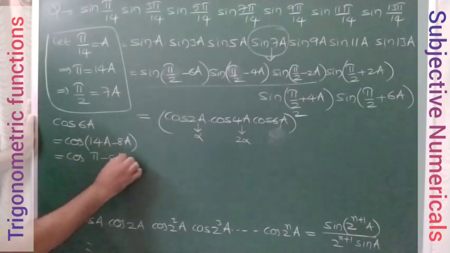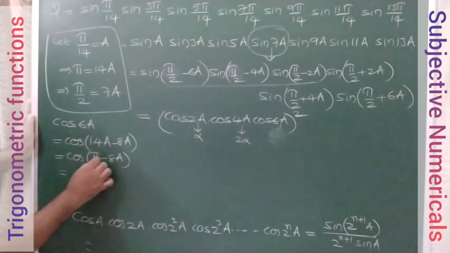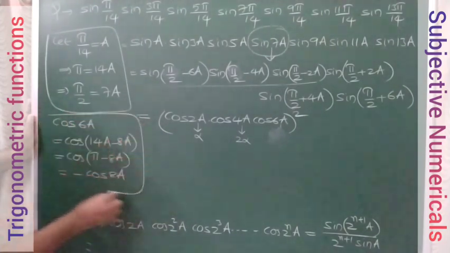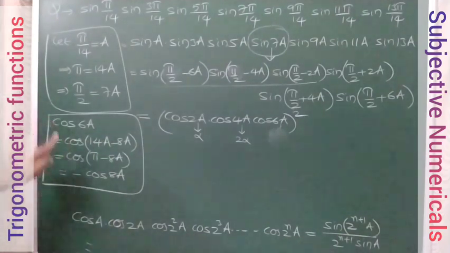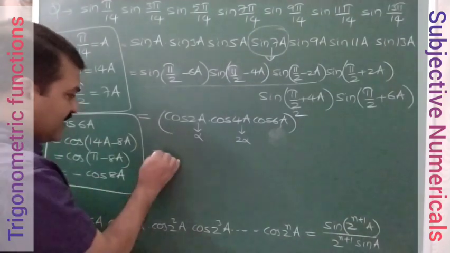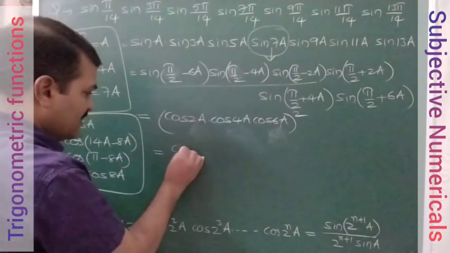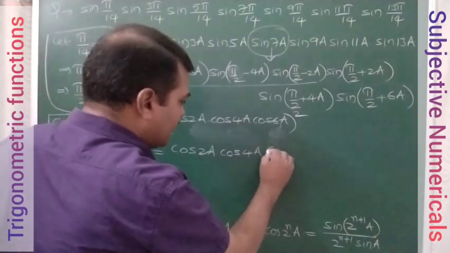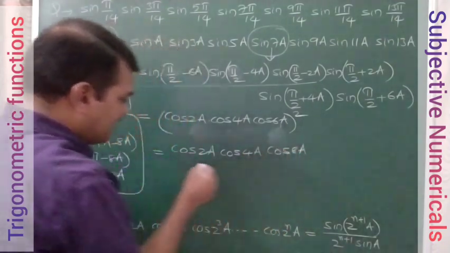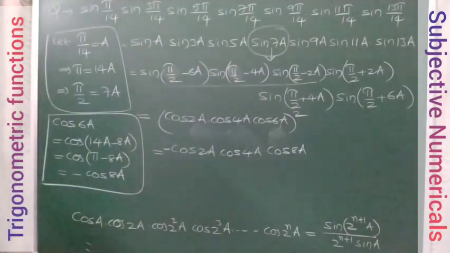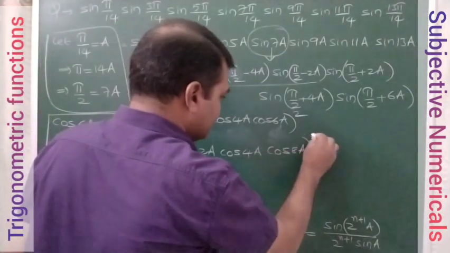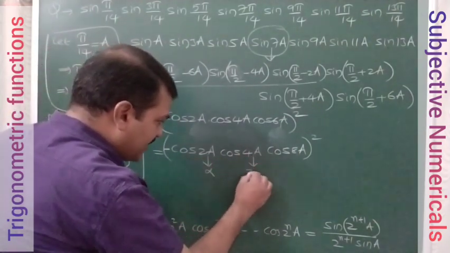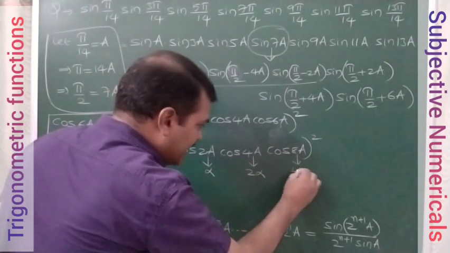So this is pi minus 8a, and cos of pi minus theta is minus cos theta. So cos 6a is the same as minus cos 8a. Okay, right, so let me rub this. Cos 2a, cos 4a, minus cos 8a. This minus I will write here. Okay, whole square.